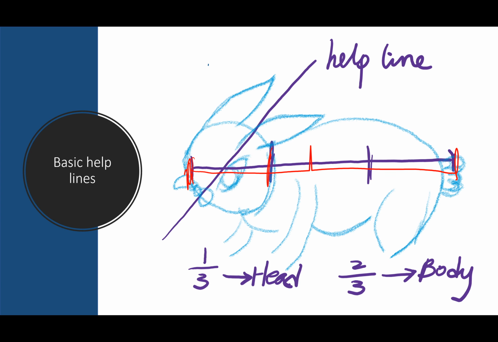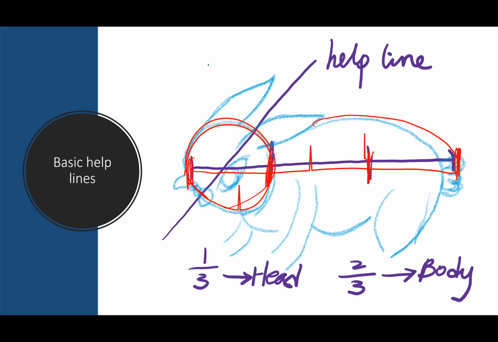One third, two thirds, three. This is using the element space to separate the different areas of the bunny. When we use shapes for the body and the head, we are starting the structure. We use a circle for the head and an oval for the body.